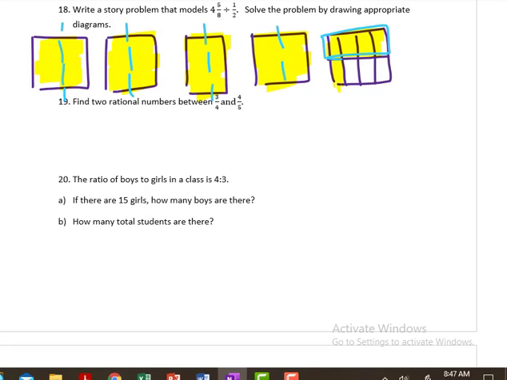So I see that I'm going to have 1, 2, 3, 4, 5, 6, 7, 8, 9. So it goes into there 9 and 1/8.